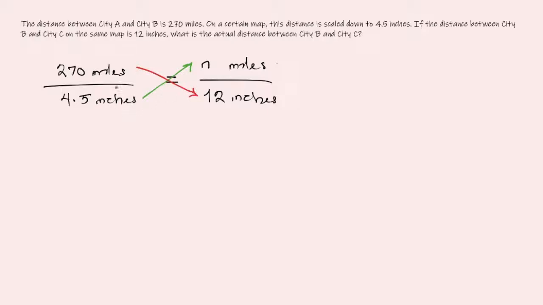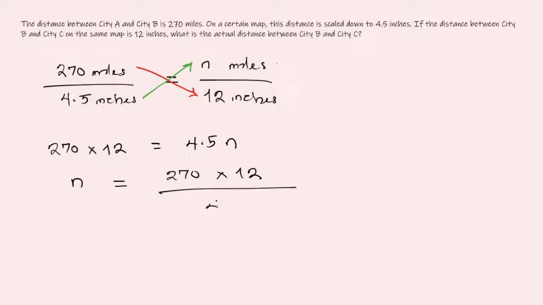So 270 multiplied by 12 equals 4.5n. To make n the subject of the formula, divide both sides by 4.5. That will be 270 multiplied by 12 divided by 4.5. And this is equal to 720 miles.